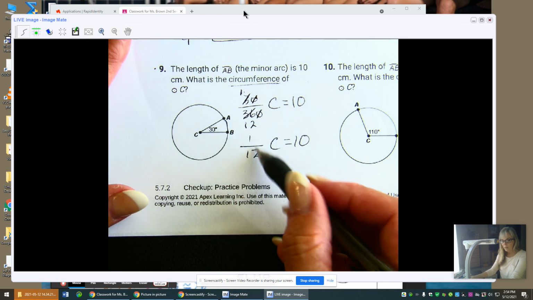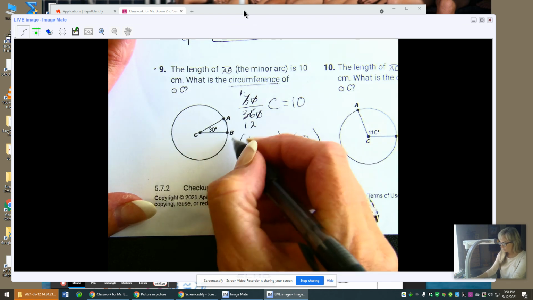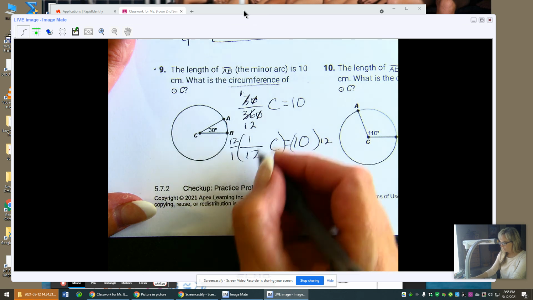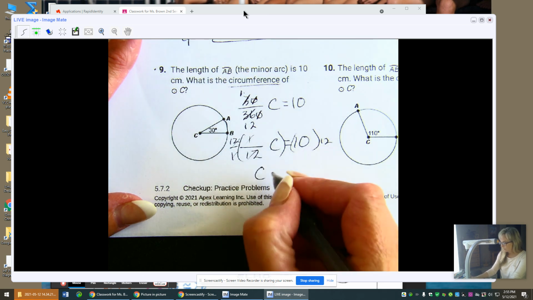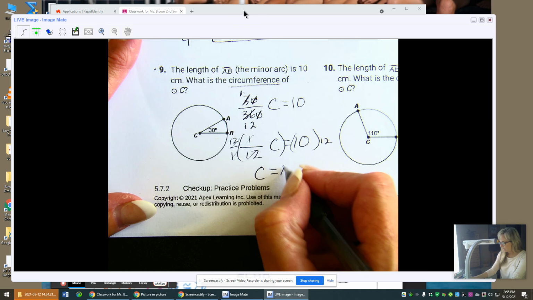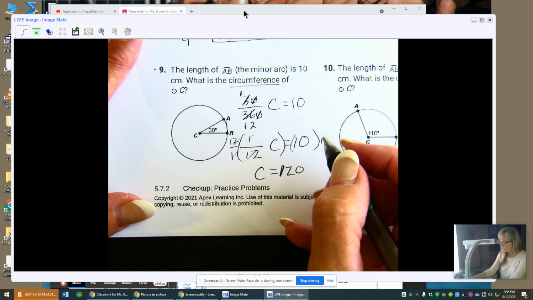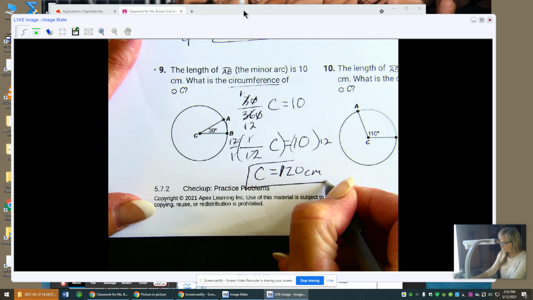To get rid of a fractional coefficient, we multiply by its reciprocal. Multiply by 12. These become a 1, or you might say cancel out, but they really become a 1, and we get 120 is the circumference, and this is in centimeters. 120 centimeters.